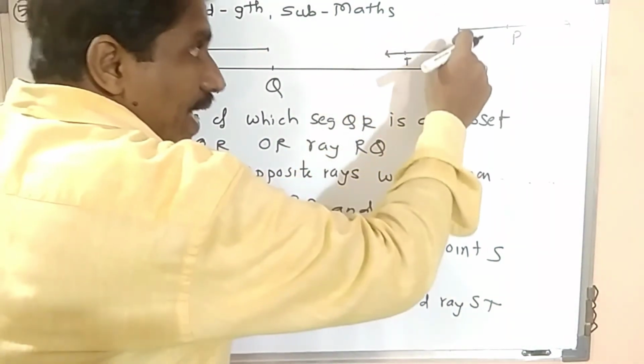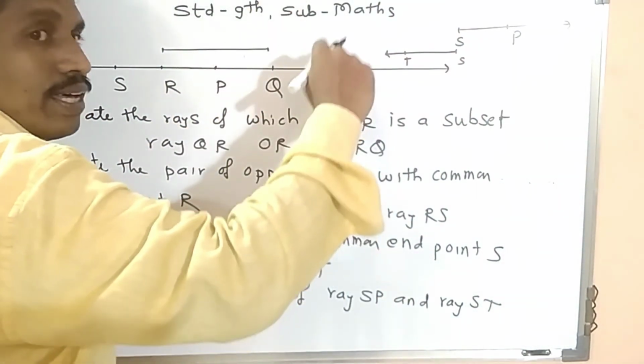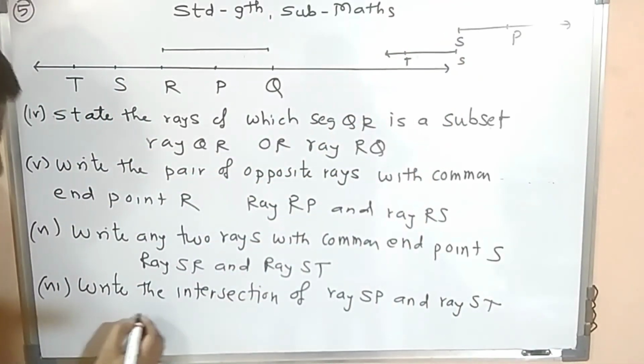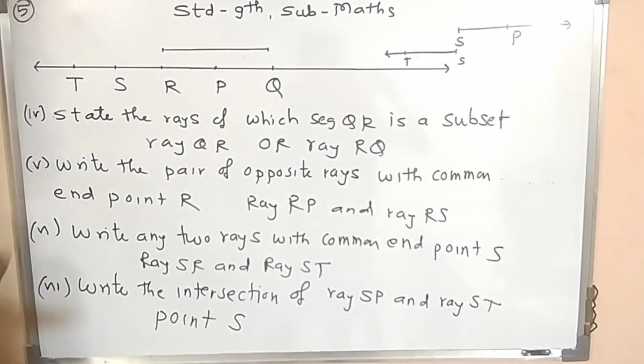This point S is the only common point. Both the rays have this point S in common, and therefore their intersection is nothing but the common point S, which is their starting point.